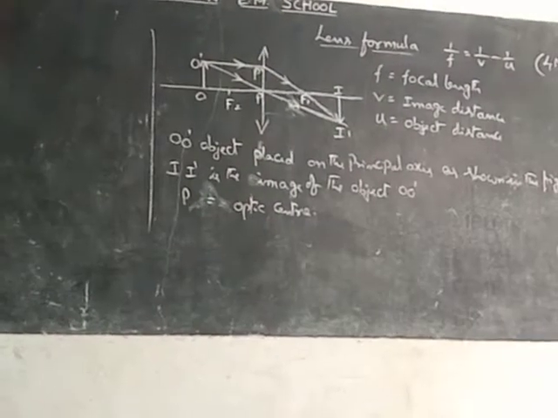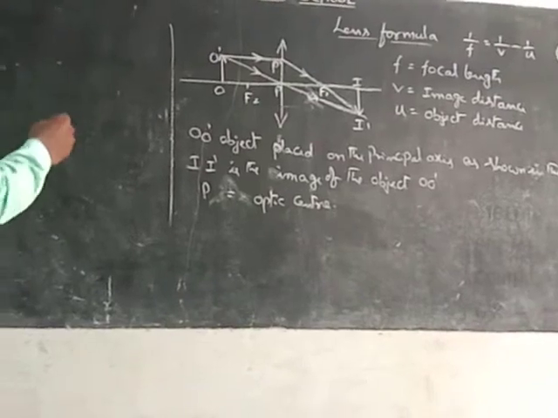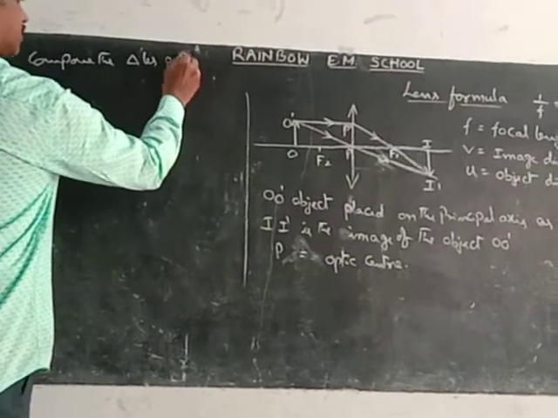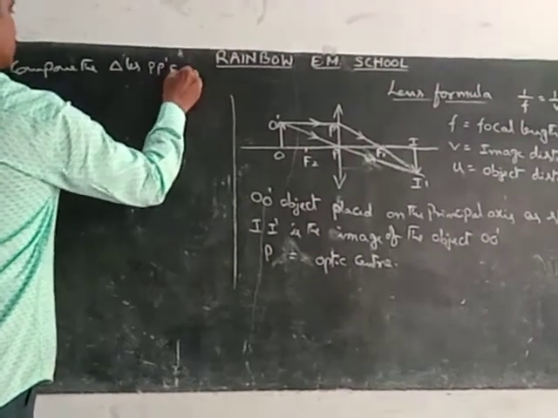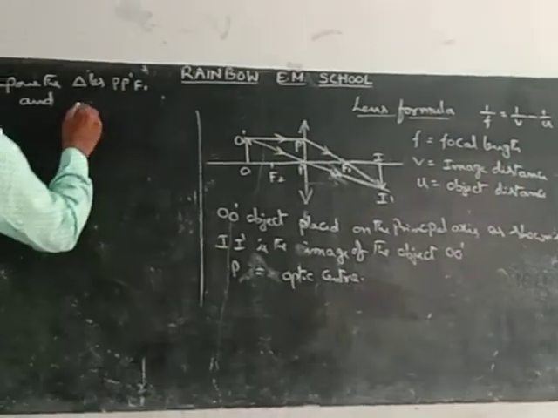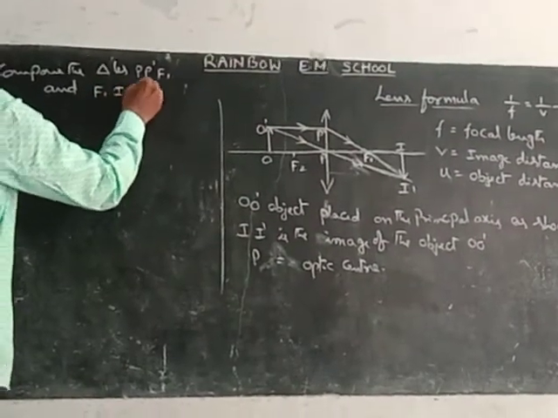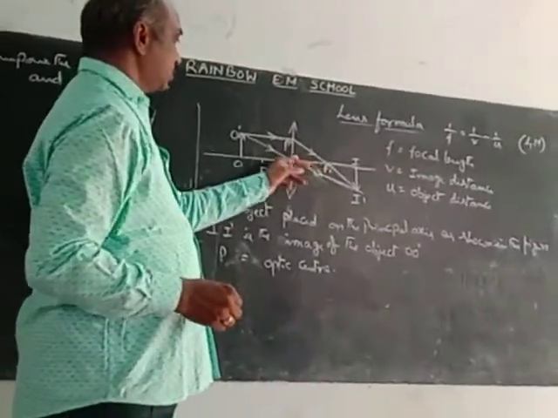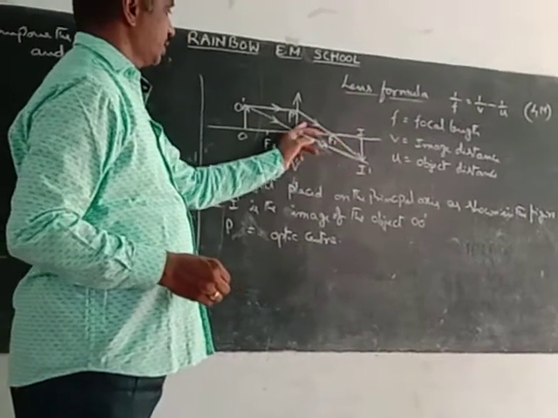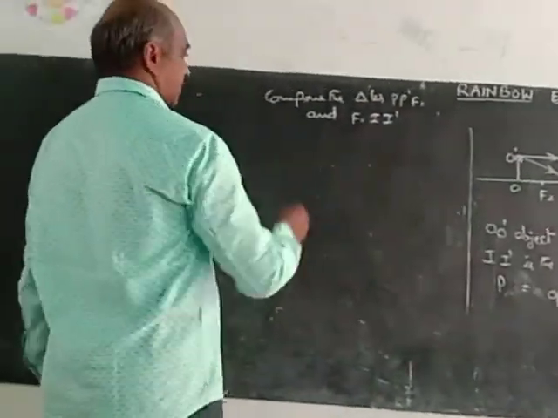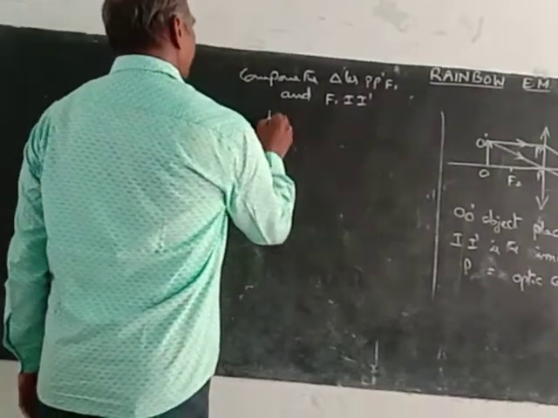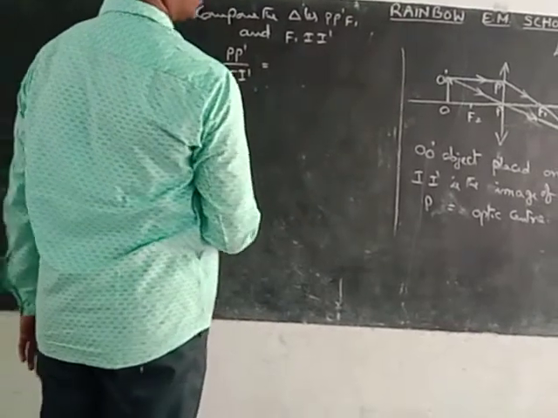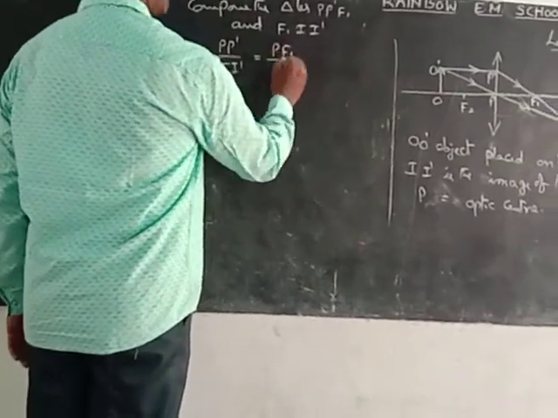Compare the triangles P dash F1 P and F1 I dash I. These two triangles are right angle triangles. By comparing the sides, P dash P by I dash I is equal to PF1 by F1I.